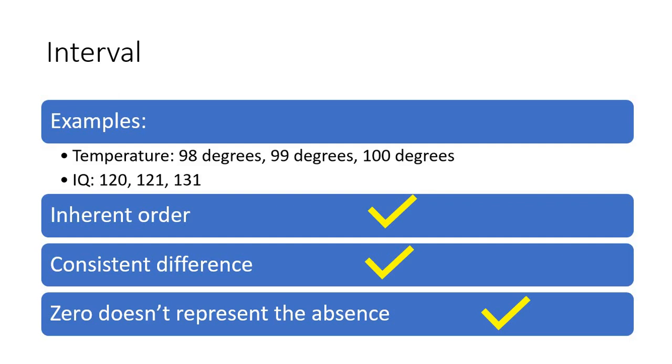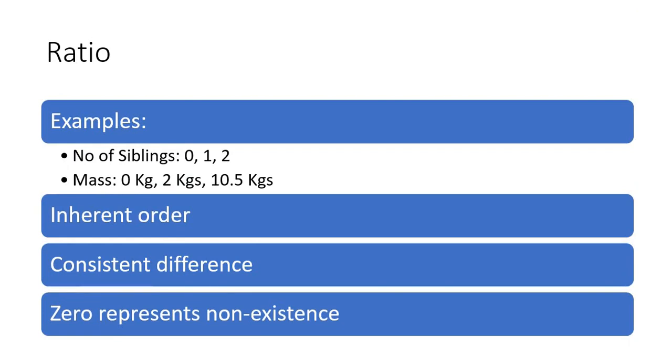Similarly, if you administer an IQ test to someone who is illiterate, you may get a score of 0, but you cannot say that person is completely unintelligent, in the sense that he or she has no intelligence at all. So at this level of measurement, 0 does not represent the absence of something, it is just a number. Then comes the ratio level.